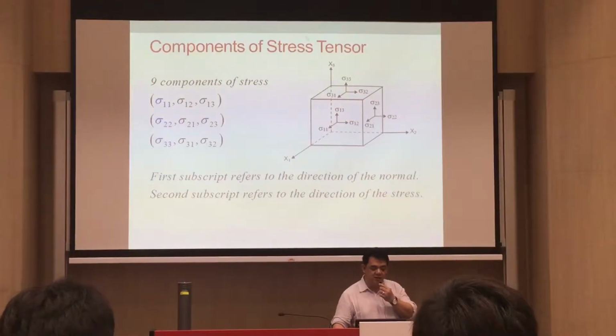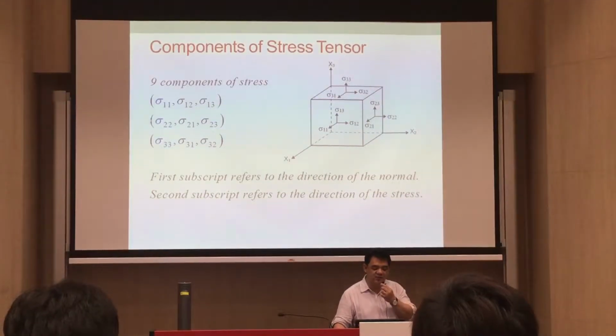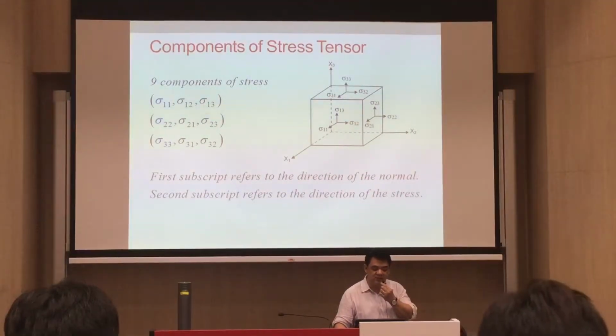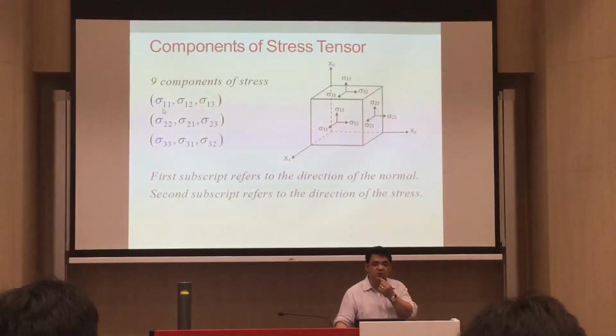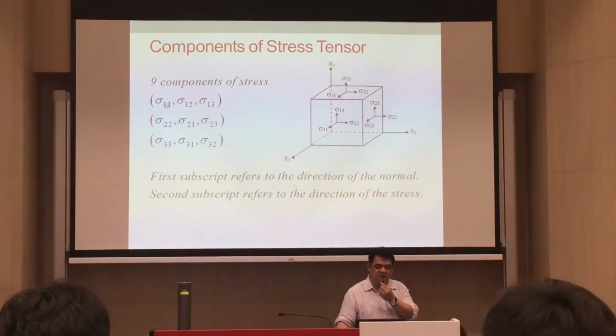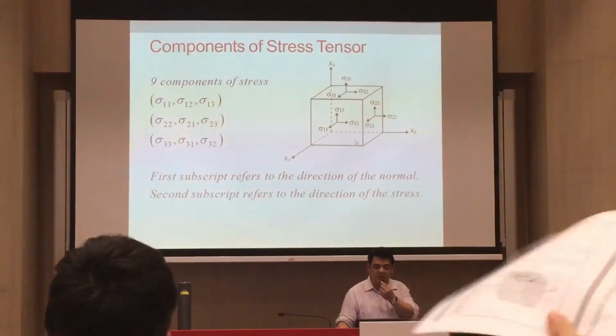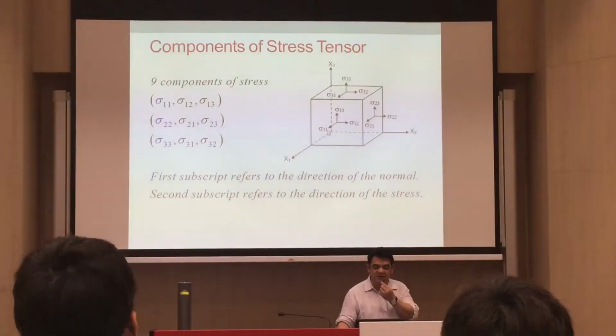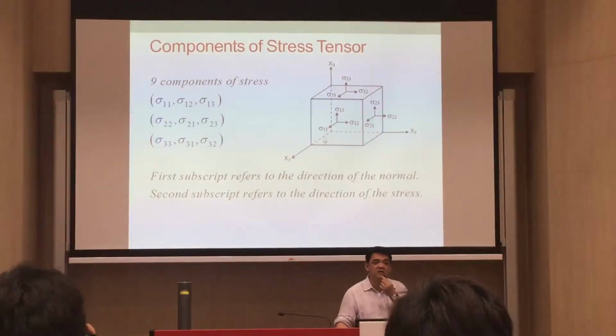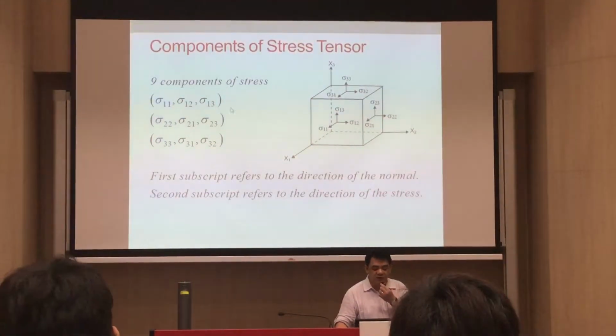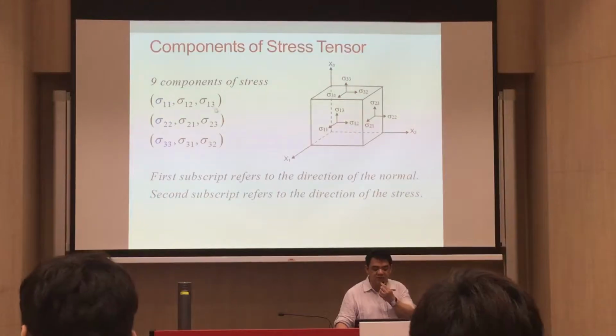So here you go, you have 9 components of stress, 3 normal, 6 shear. Try to remember that the first subscript here refers to the direction of the normal, or to that face that this stress is acting upon. Now, you also have sigma 1 2, sigma 1 3.